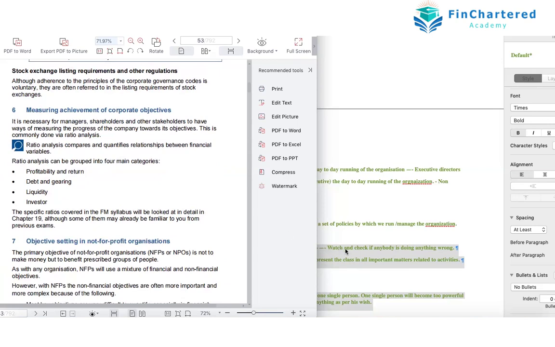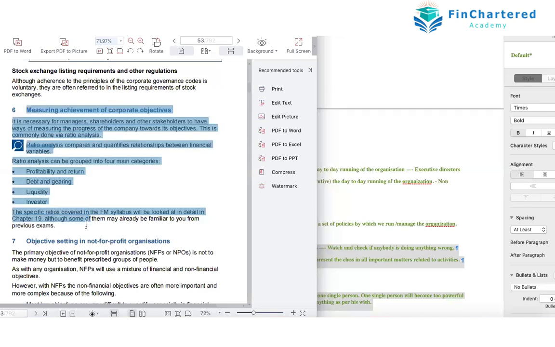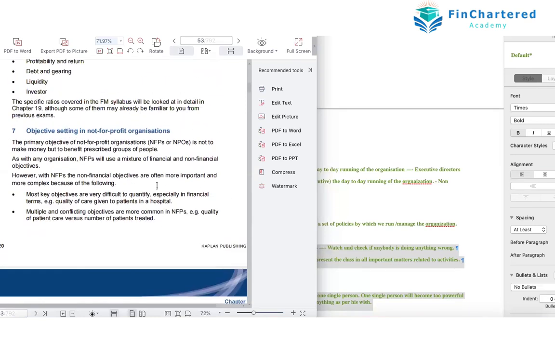Now, guys, I will not do this here because the textbook says these specifics will be explained in chapter 19 of FM. So I'm not going to do this here. We will look at this in chapter 19 itself, because I want to close up the theory part and go to sums so that it's not too dry for you.